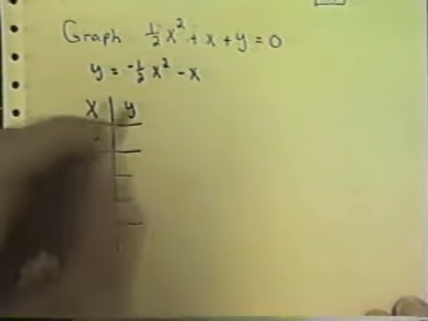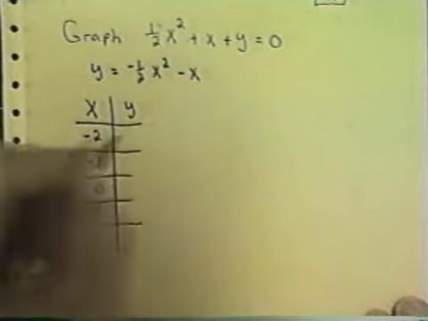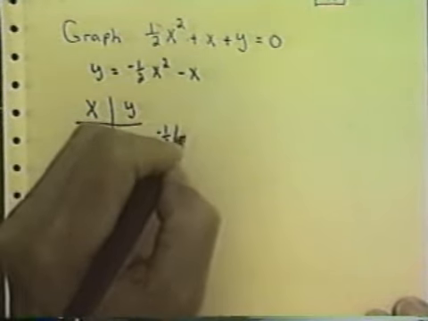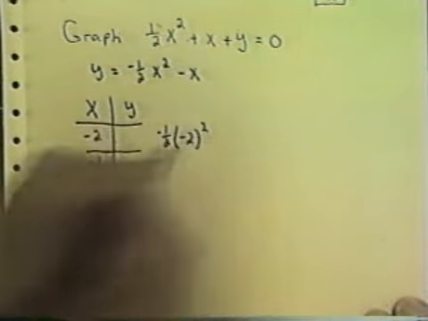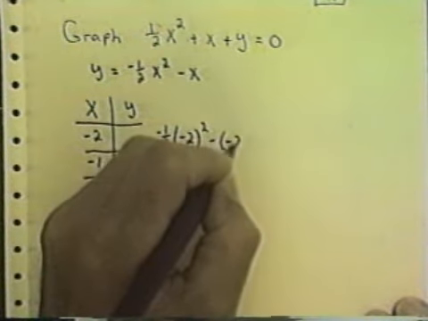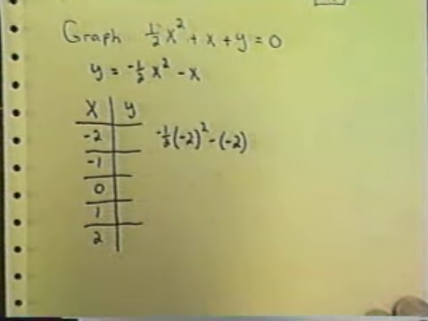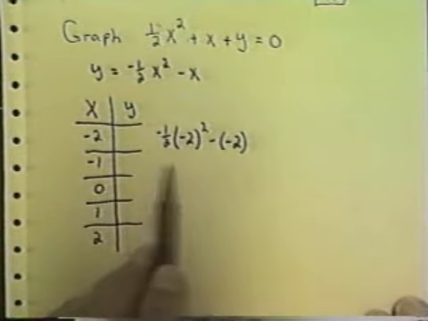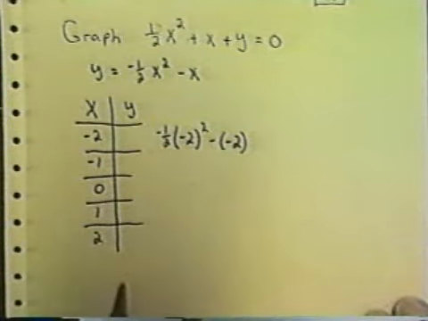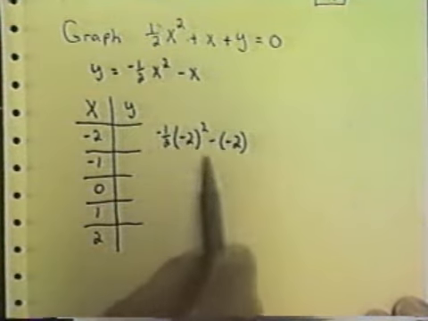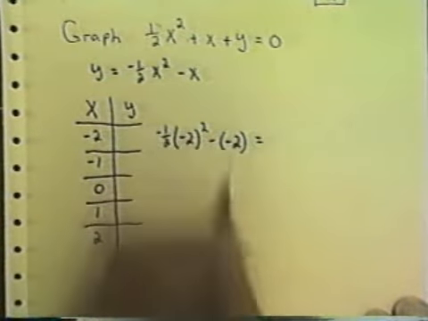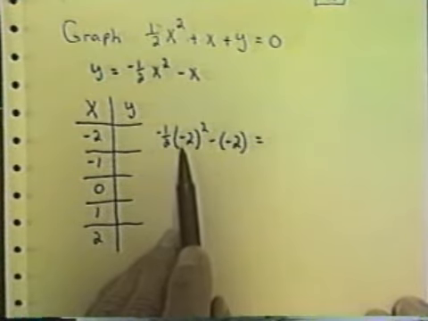Now if x is negative 2, then y is going to be a negative 1/2 times a negative 2 squared, subtract a negative 2. It's probably a good idea to put the parentheses in first and then fill them in, to make sure that you get the parentheses in the right place. Now we need to do the evaluation. Since I do not have much space, I'm going to do some of it in my head.